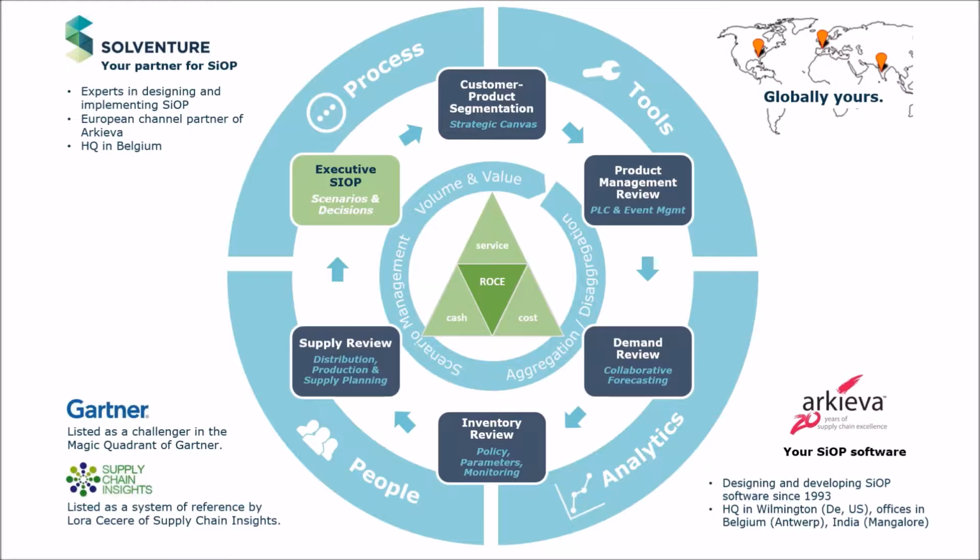No two products are equally strategic. Some products reflect more the past, some products reflect the future, and your assets are better suited to produce some products and less suited to produce other products. So segmenting customers and products is really crucial as a starting point for an effective SiOP process.